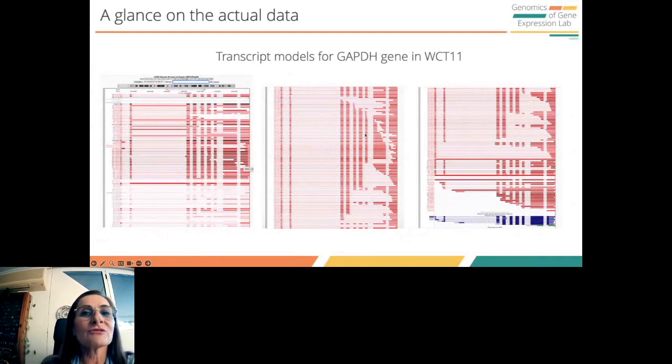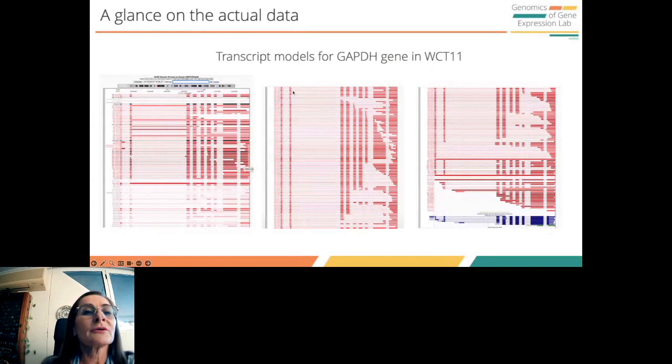All this in red indicates the diversity of transcript models that were found by a compendium of long read methods. This is even cut, because I could not fit the image on one slide. So you can see great diversity, and for example, in some cases we have intron retention events, like here.